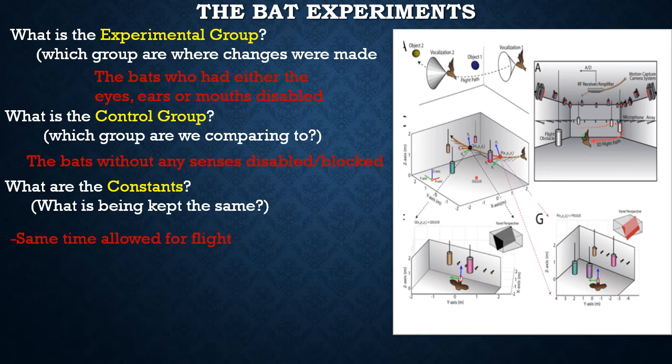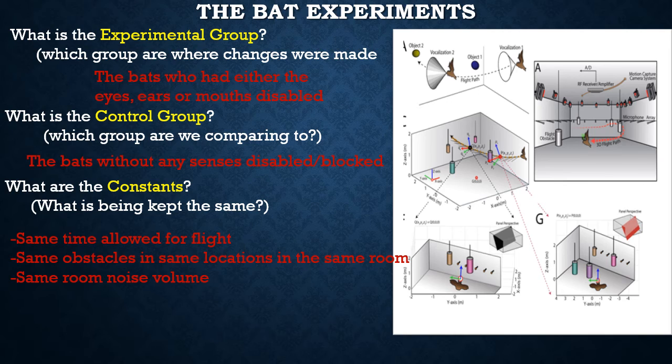You had to use the same time index for measuring flight. How long it is, I forget. I never figured that out, but I'm sure it was the same amount of time, more or less, for each trial group. You had to have the same basic obstacles in the room. So you couldn't have increased the number of obstacles for one group or decreased it for another group. You couldn't change the room as it stood.